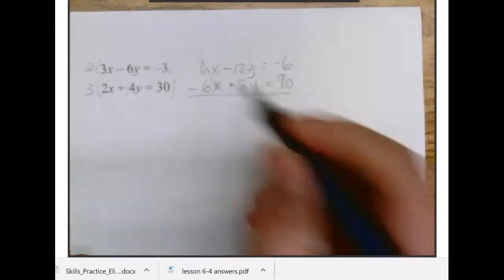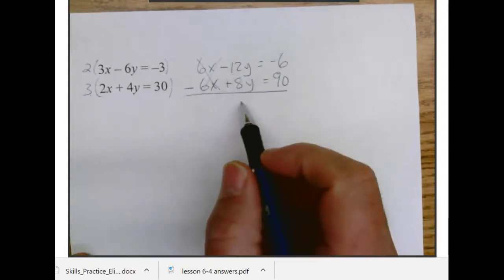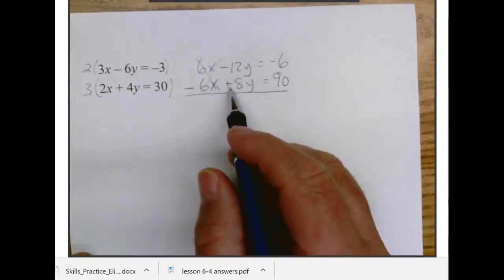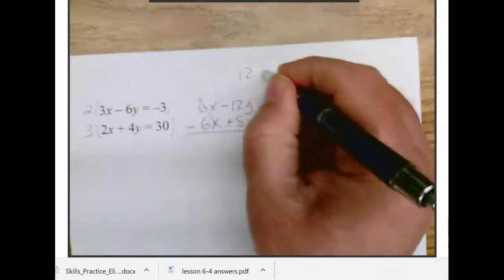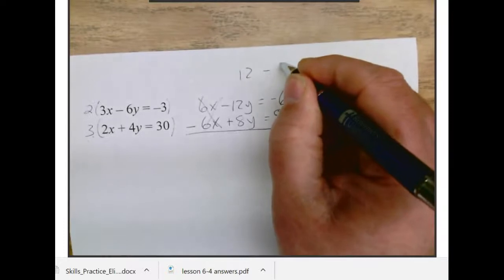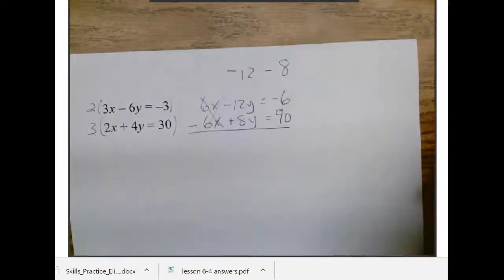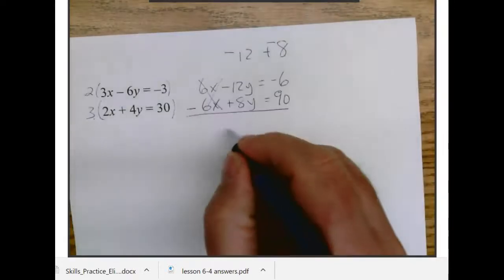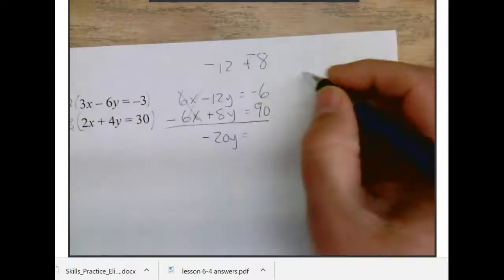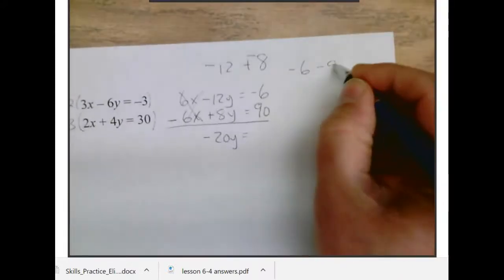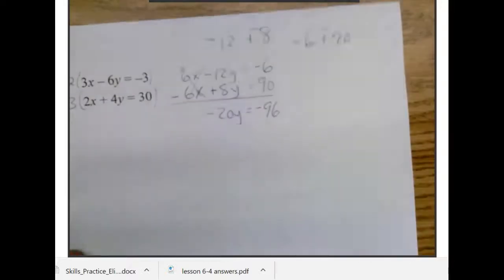This cancels, and negative 12y minus positive 12y, we change the sign and add, gives us negative 24y, and then over here negative 6 minus 90, change the sign and add, is negative 96.